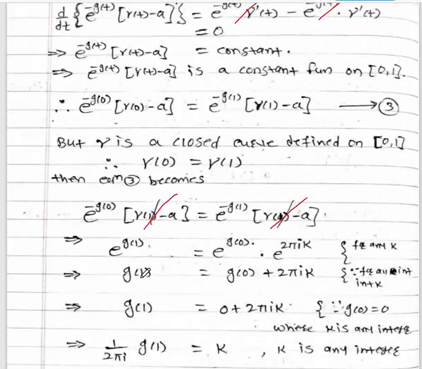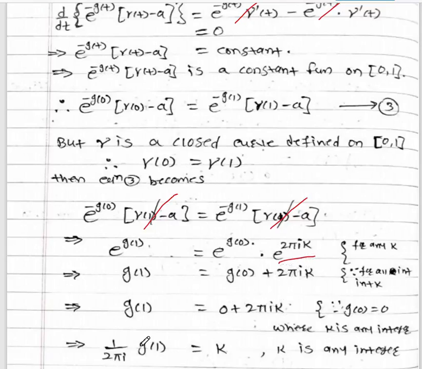So what is the remaining term? Remaining term is, if you transfer this term to LHS and this term to RHS, this can be written as e raised to power g of 1 equal to e raised to power g of 0 into e raised to power 2 pi i k. So this is 1.